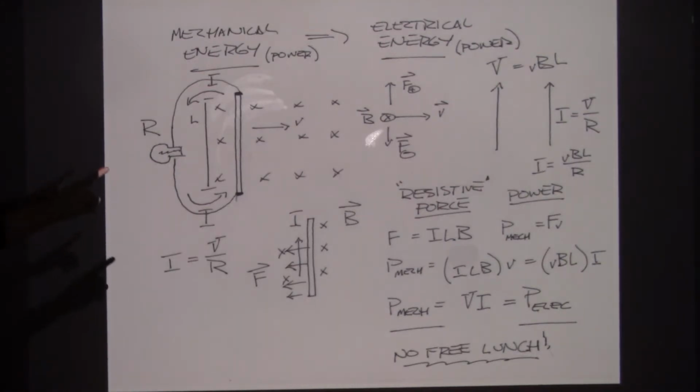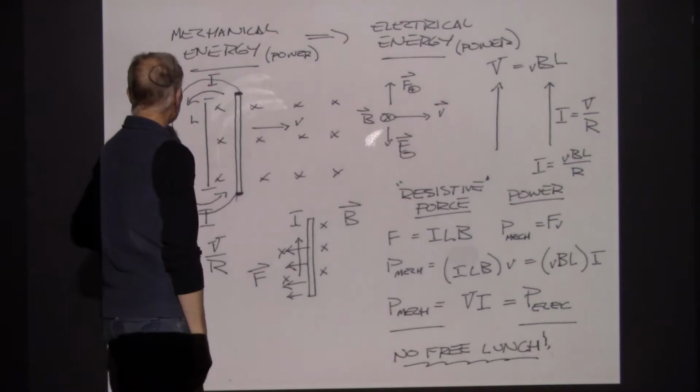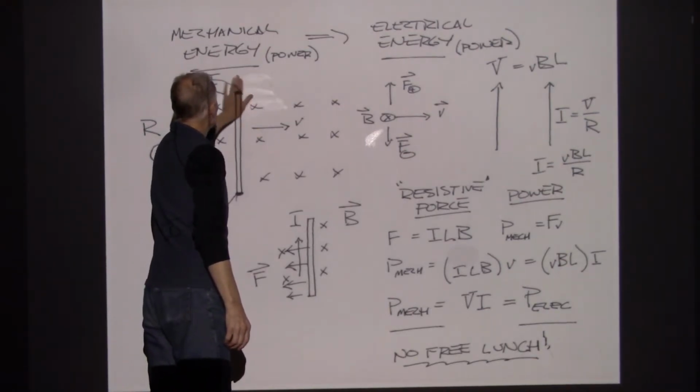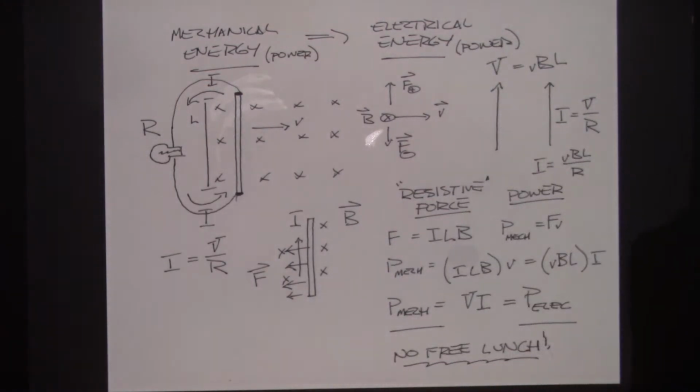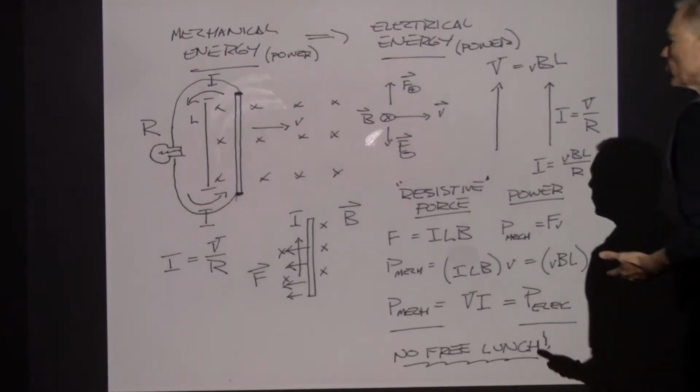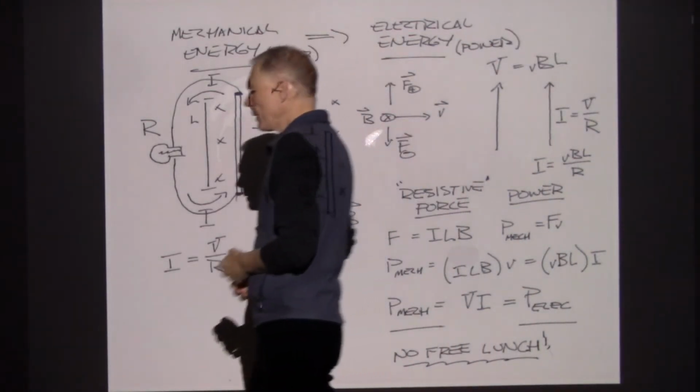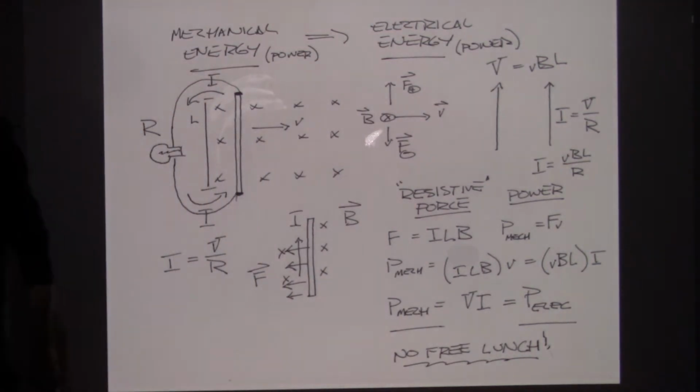So one question that comes up with this is, with this generator that we've come up with, we're going to have to spin this generator, and that means we're going to need some mechanical energy coming in from somewhere. But can't we just get a generator that's frictionless?